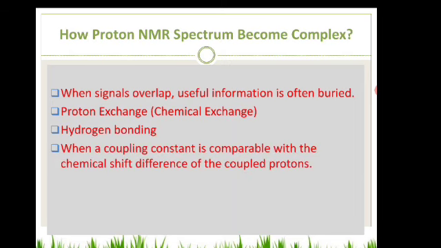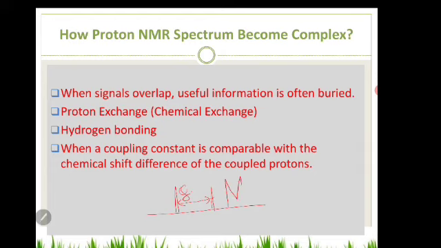Another case is when a coupling constant is comparable with the chemical shift difference of the coupled proton. If you recall the spectra, there are two peaks. This distance is what we call chemical shift. And there may be another case: there is splitting of a single peak. There is a doublet, we have already learned. And if the doublet distance is equivalent to the chemical shift, you will be in confusion.